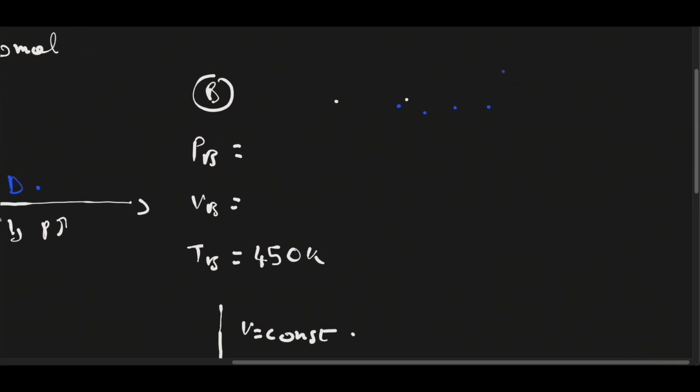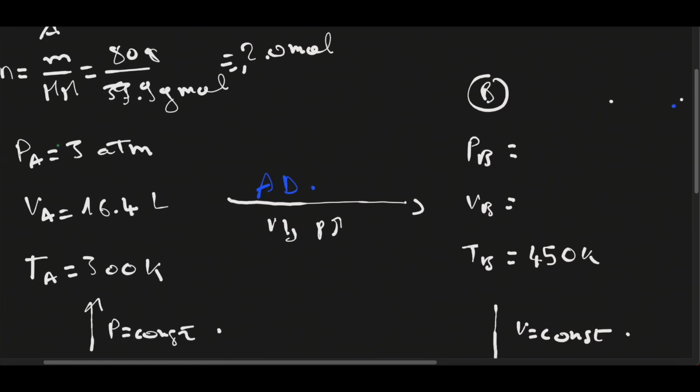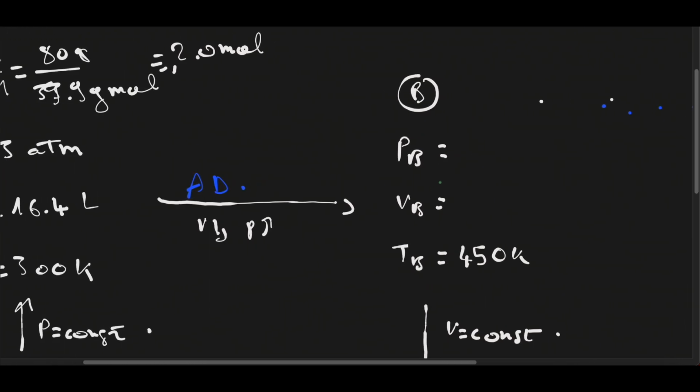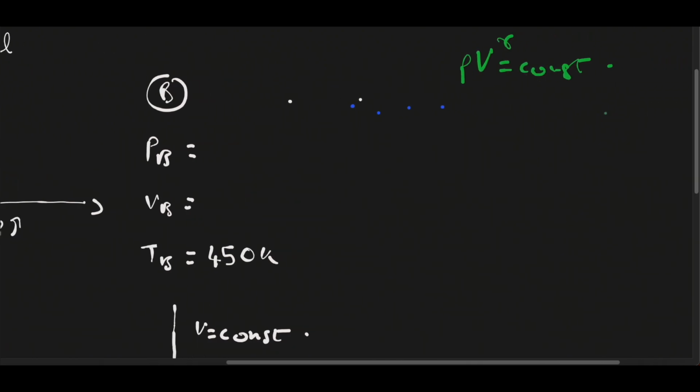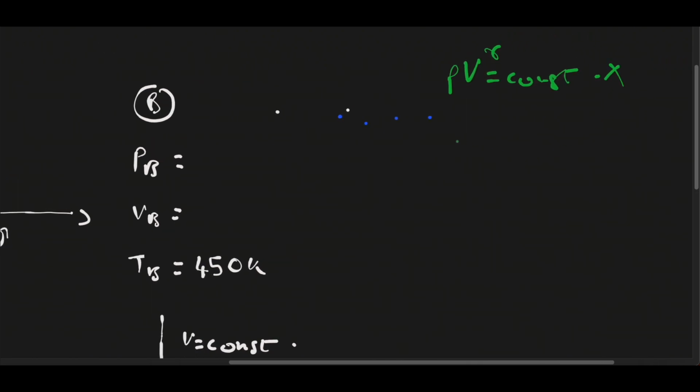We have P V gamma, which is constant. Here we have P and V given for A, but for B they are unknown. So I can't use this relationship. But I have another equation, which is T V gamma minus 1 equal to constant.